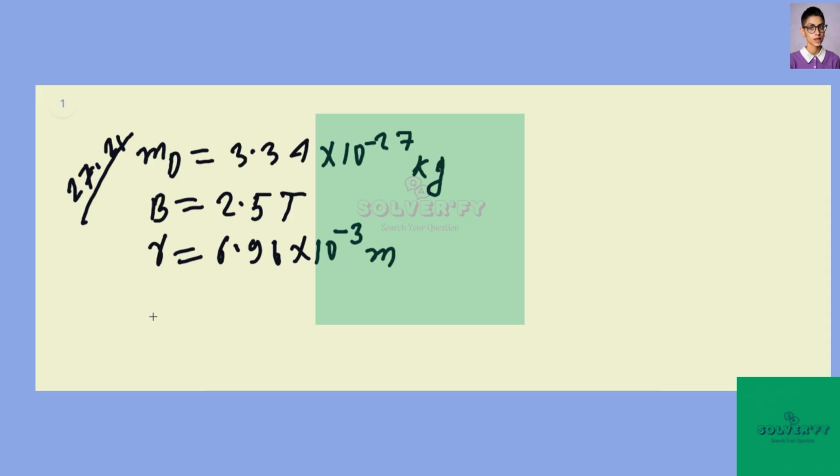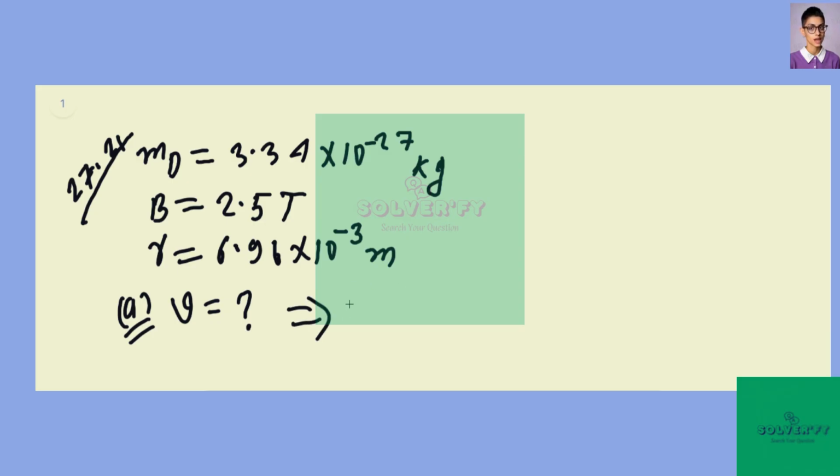So from this information, we first want to find the speed of the deuteron. So v equals what? When the charged particle moves in a magnetic field, the force is provided by the magnetic field, right?